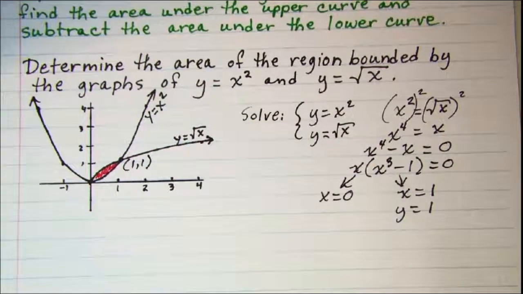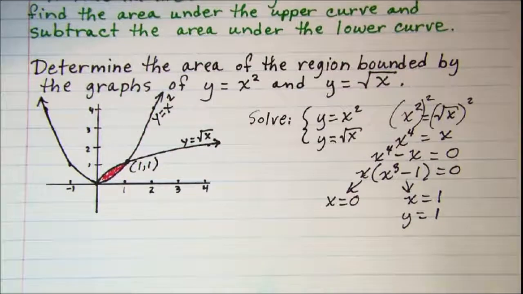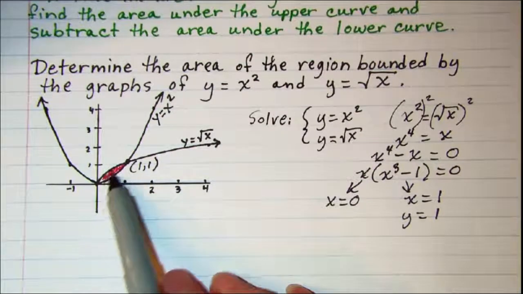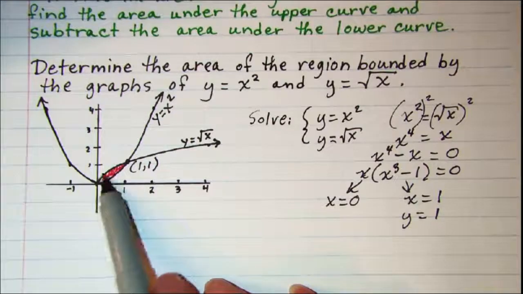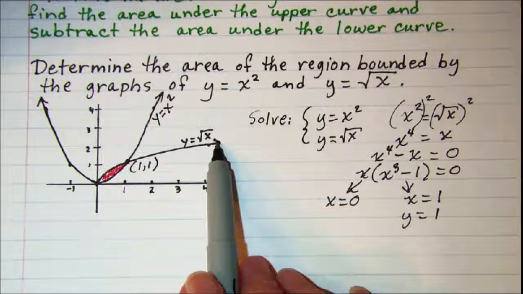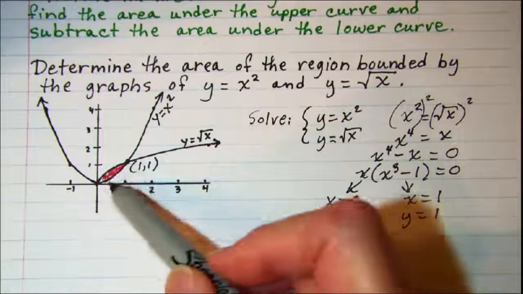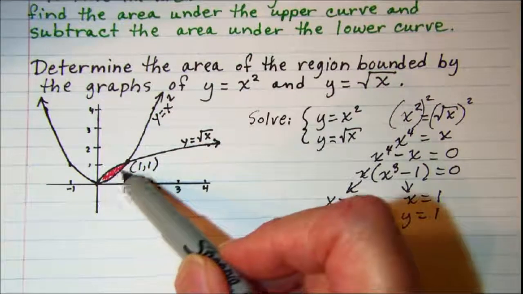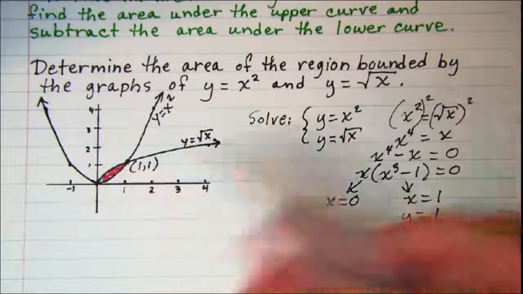So now we need to find the area. First, the area under the top function, which is our square root function, and then we'll subtract from that the area under the lowest function, which is the parabola.